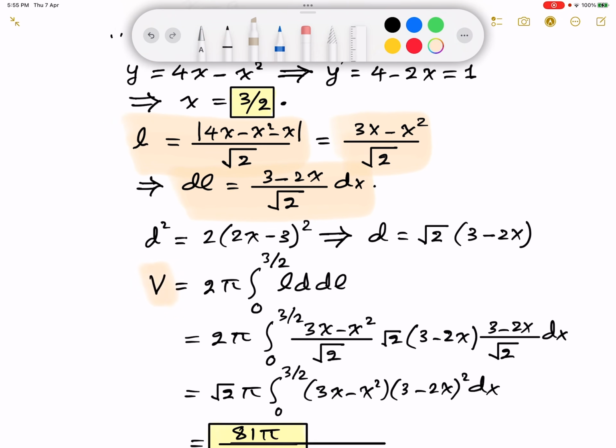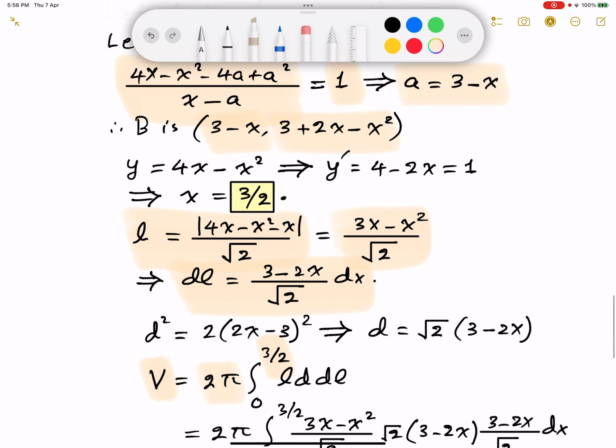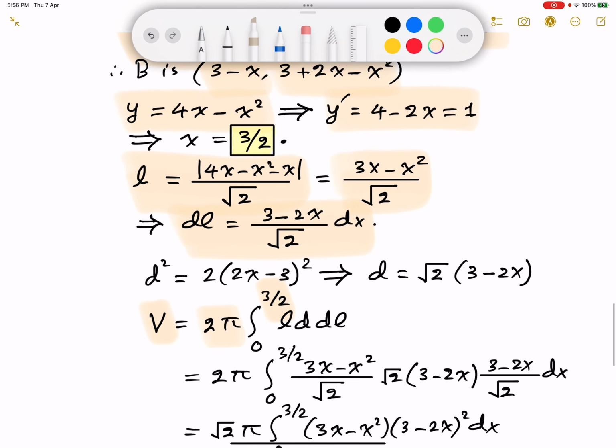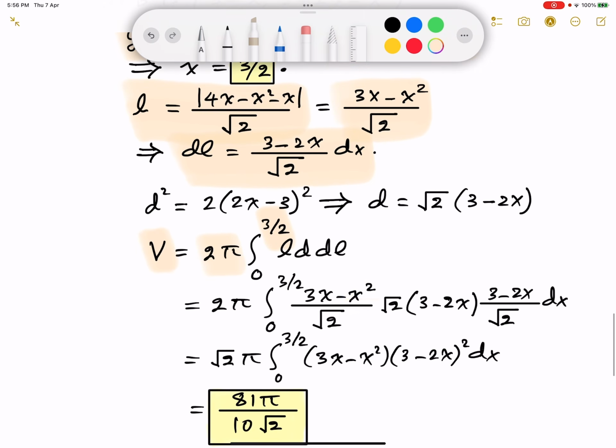And then the volume is going to be equal to 2 pi multiplied by the integral from 0 to 3 by 2. How did we get the point 3 by 2? Actually, we differentiated the curve and equated that with 1. That would give us 3 by 2. So we know that we need to stop at 3 by 2.